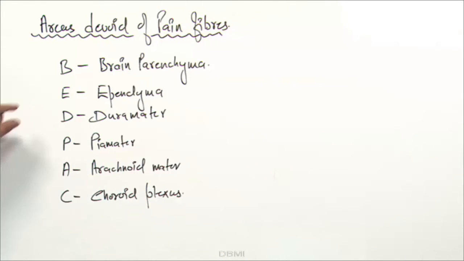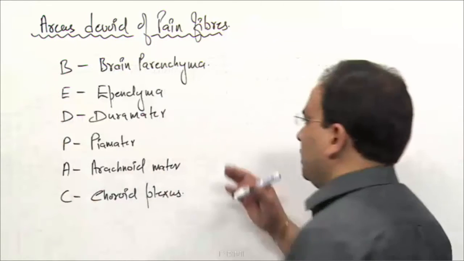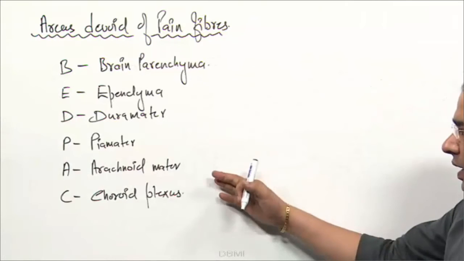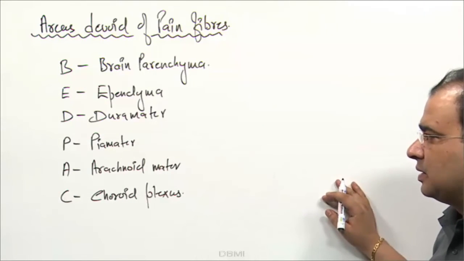Brain parenchyma, ependyma, the ventricular lining, the dura mater, the pia mater, arachnoid mater, and choroid plexus. So these are the areas which are devoid of the pain fibers.